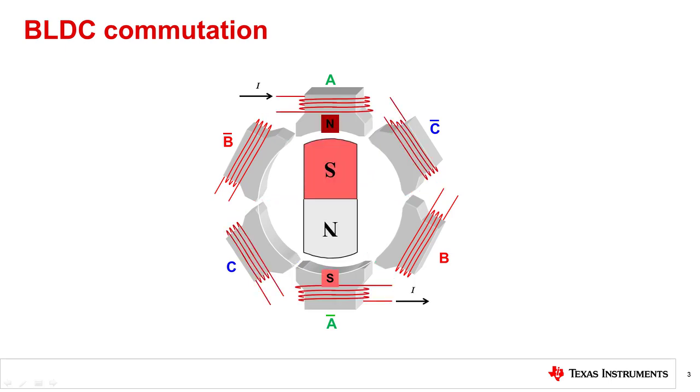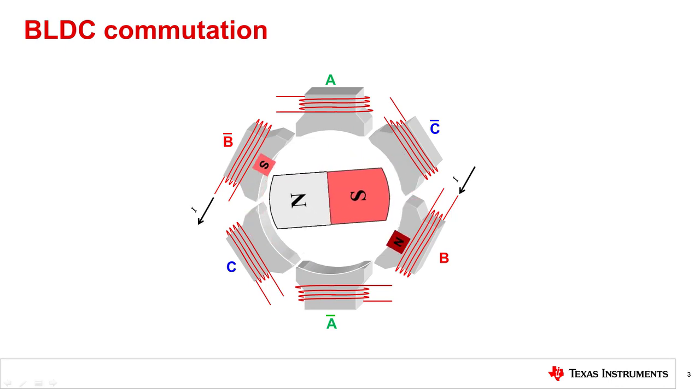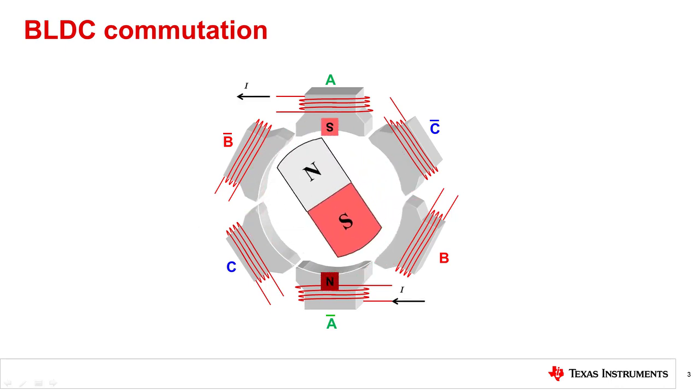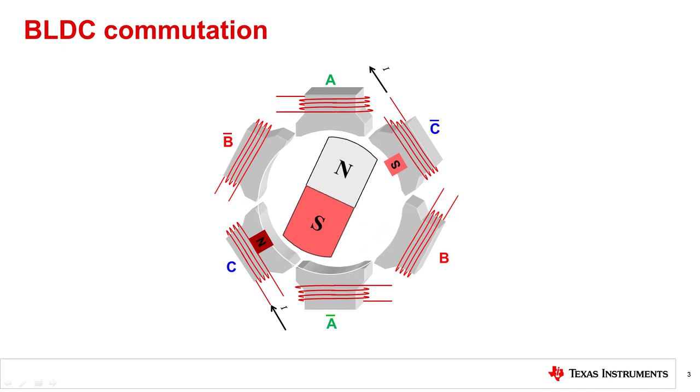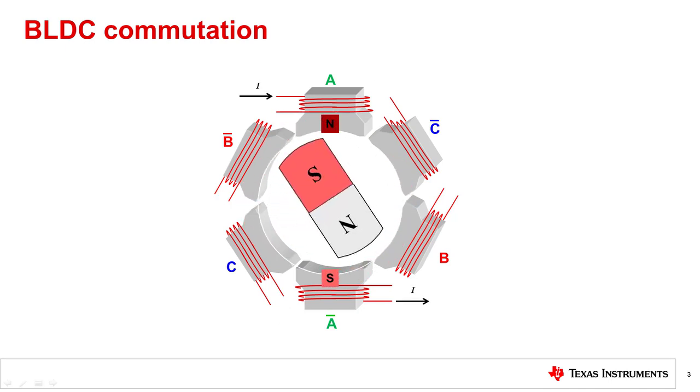This is how we are able to equally attract or repel the opposite polarity sides of the rotor. As depicted previously, the changing of which phase stator coils are injected with current, or commutation, generates a moving magnetic field that continuously drags the rotor along the circle.